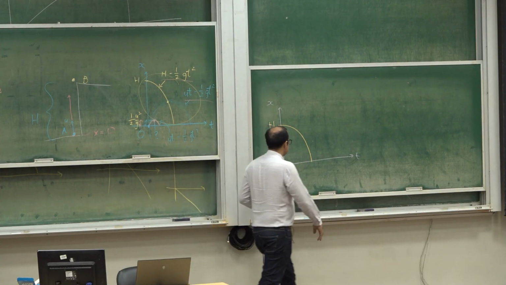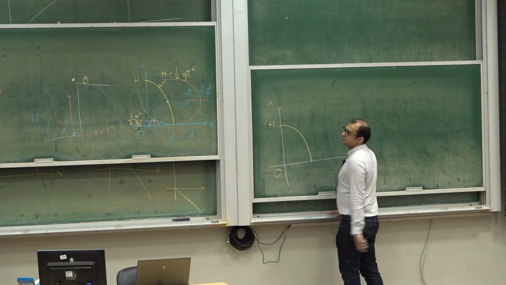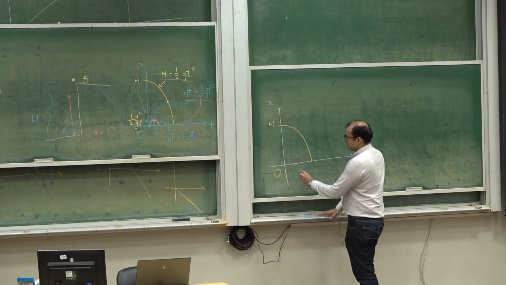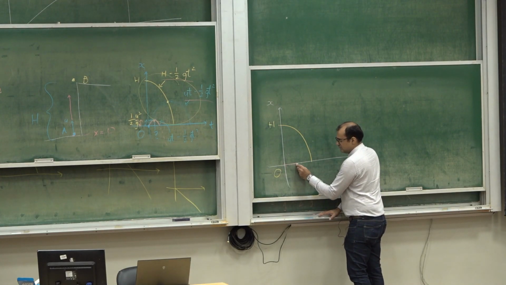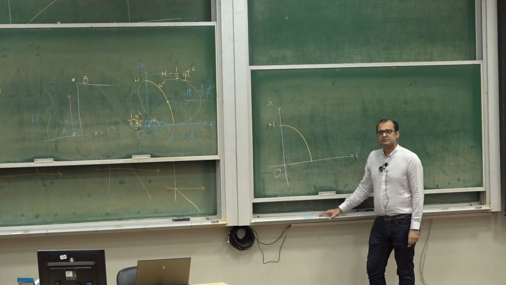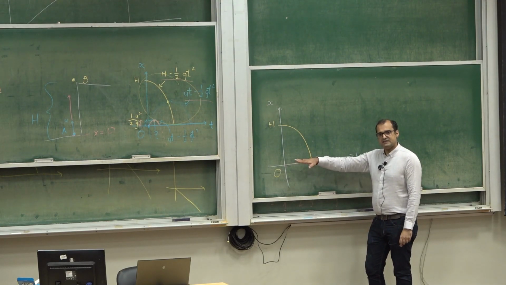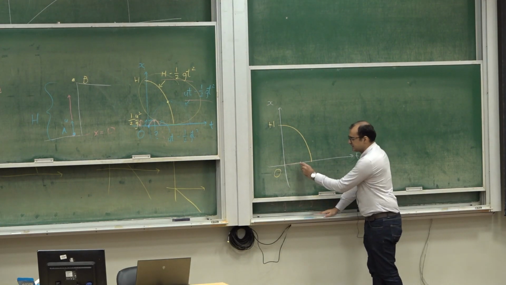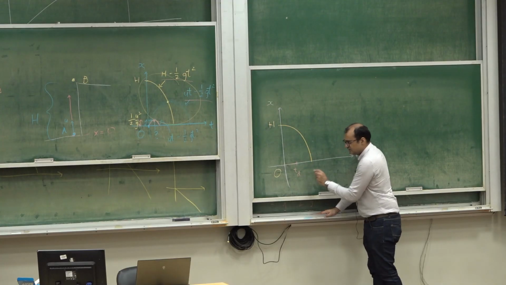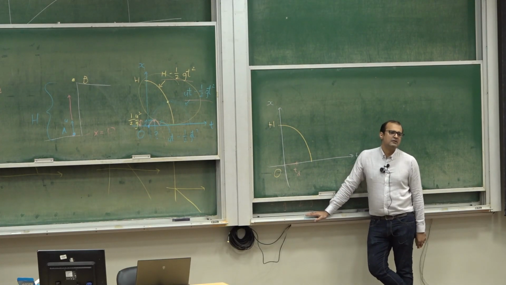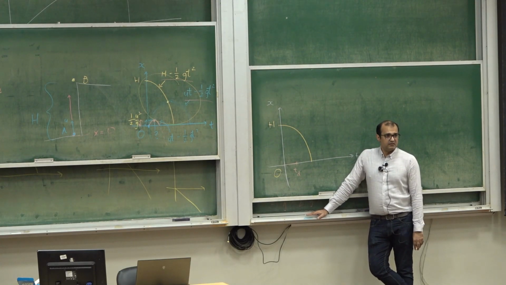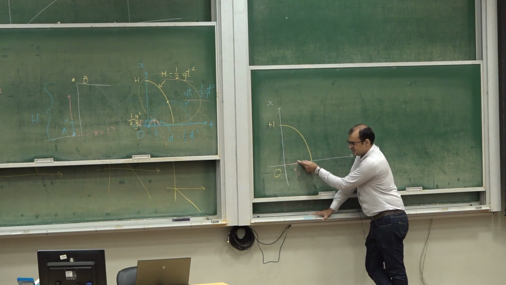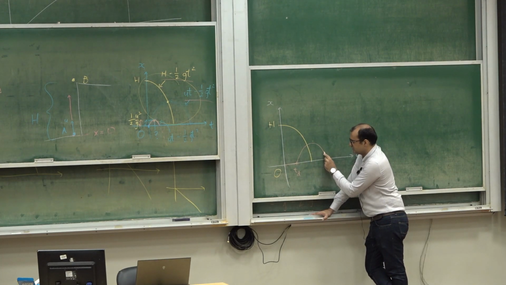graph of position versus time for this object A. That's what it initially looks like. It remains at x is equal to 0 until some time td, t subscript d, time delay. Then the object is thrown upwards and it moves like that.